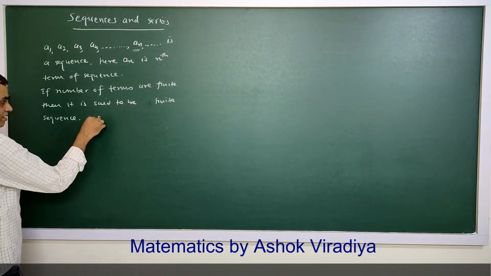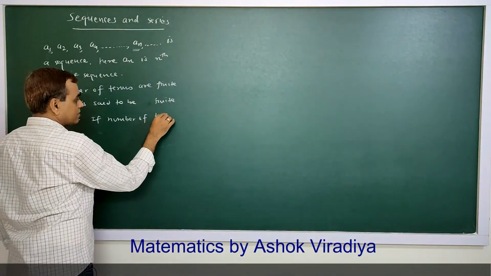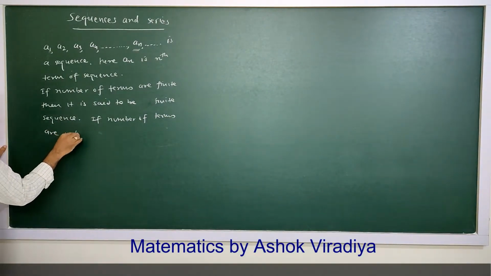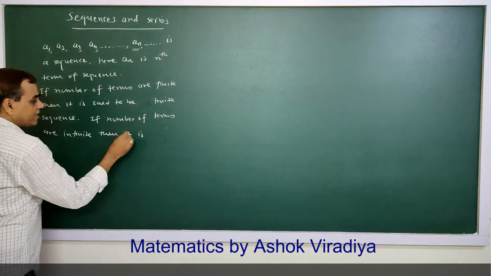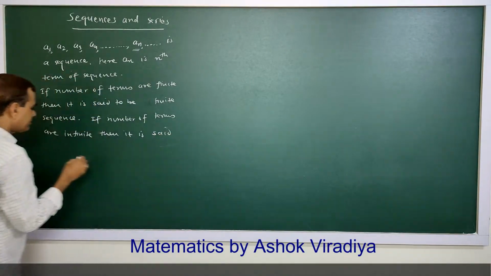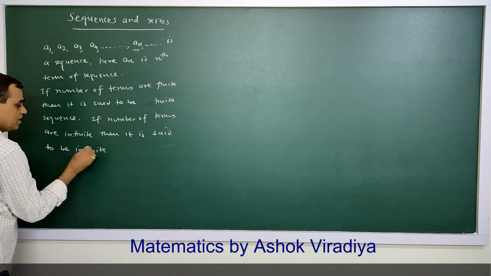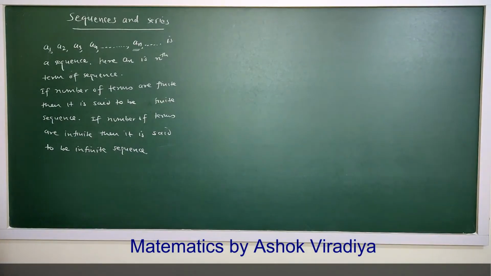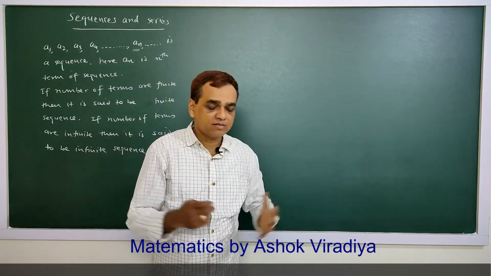And if the number of terms is infinite, then it is said to be an infinite sequence. Here a1, a2, a3, a4 up to an, these are real numbers.